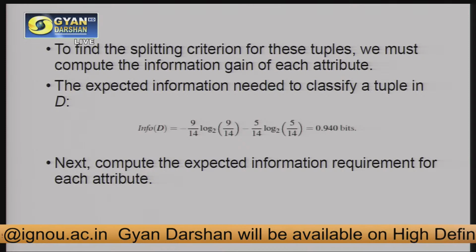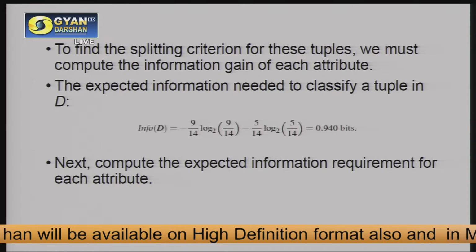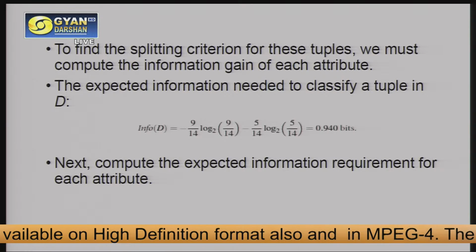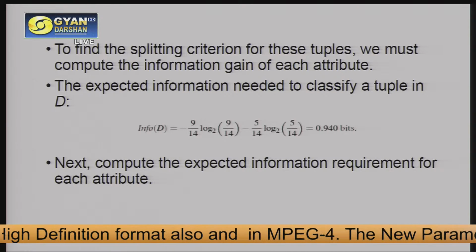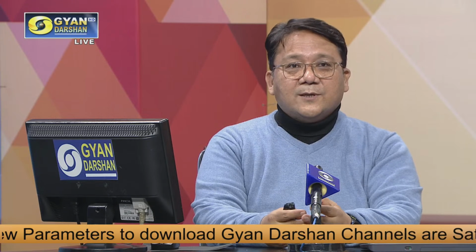Once we have the expected information for the data partition, we have to compute the expected information for each and every attribute. So how exactly are we going to do this? We will use those formulas once again and calculate the information for each attribute.